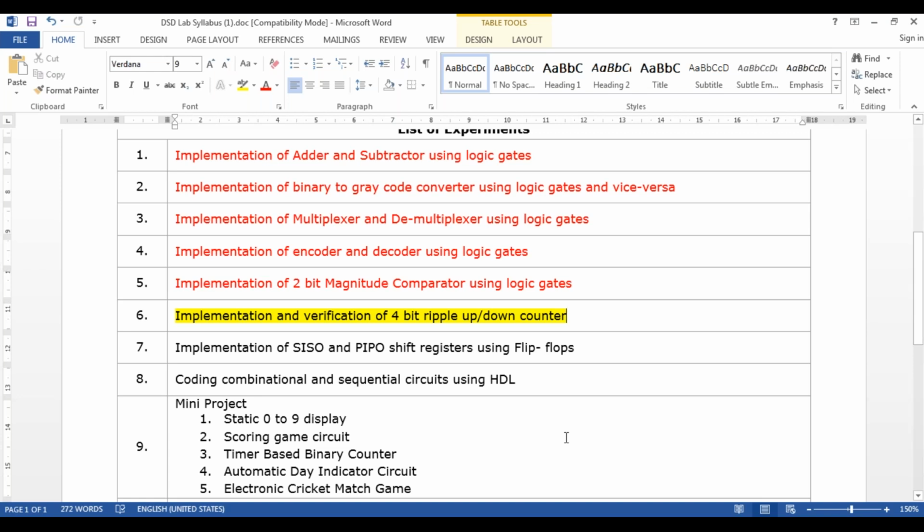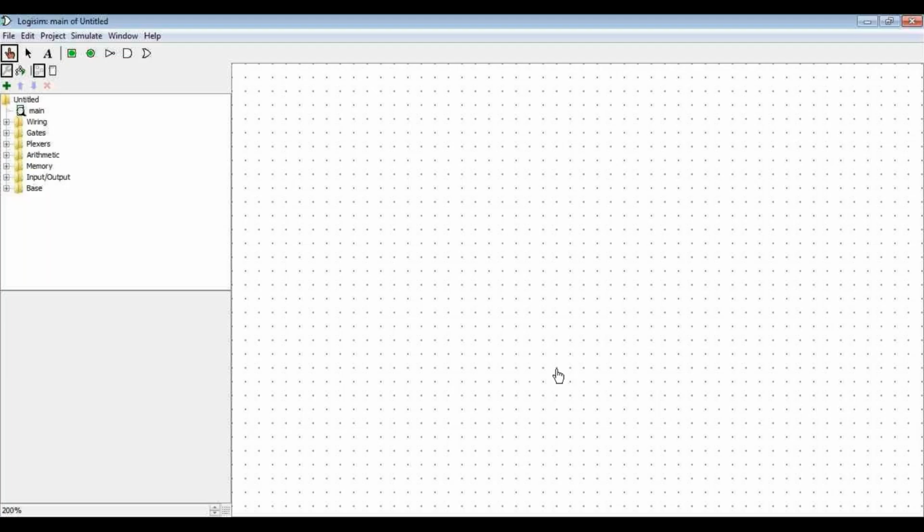All of you open the home screen or main screen of your Logisim software on your computer.